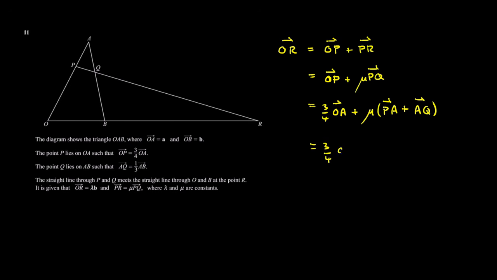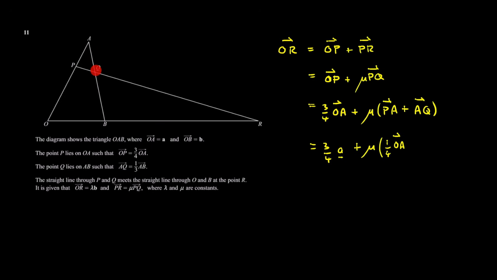Okay, so we've now got 3/4 OA. That's not a problem. We can just call that little a. But what about this vector here, PA? Can I simplify that in any way? Well, we know that O to P is 3/4 of OA, so P to A has got to be the remaining 1/4 of OA. So I can write that as just 1/4 of OA. And what about the vector A to Q?